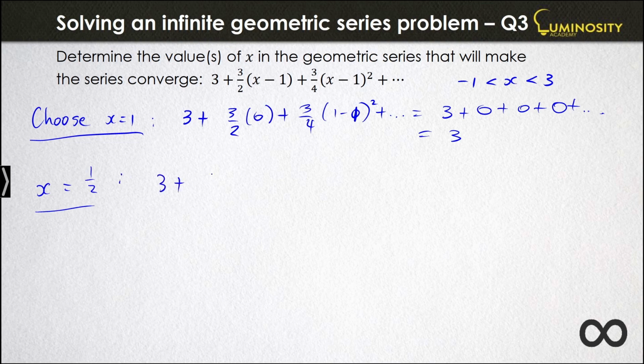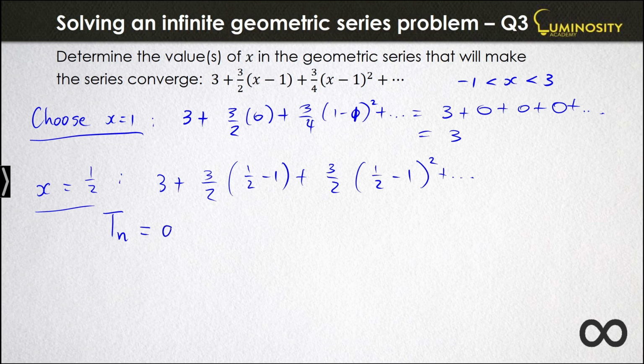If you chose x to be, let's say, a half, which is between -1 and 3, then here you would get 3 plus 3 over 2 (a half minus 1), plus 3 over 2 (a half minus 1) all squared, plus so on. That converges, and we can see that because the general form will be Tn equals a times r to the n minus 1. r was a half times (x minus 1).